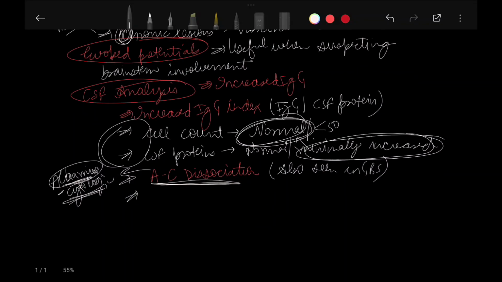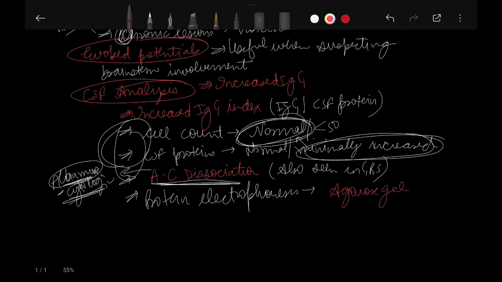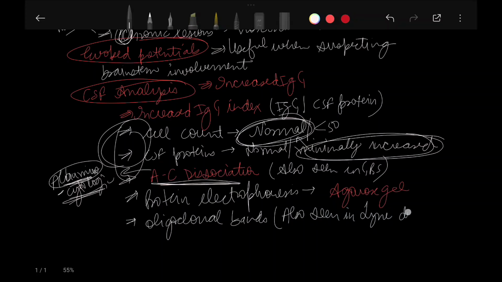Now, coming to protein electrophoresis. All these 3 points can be done on agarose gel, and oligoclonal bands, which are also seen in Lyme disease. They can also be seen here.